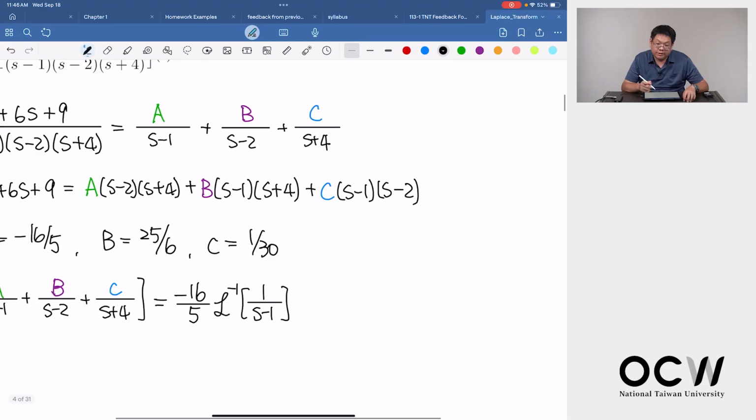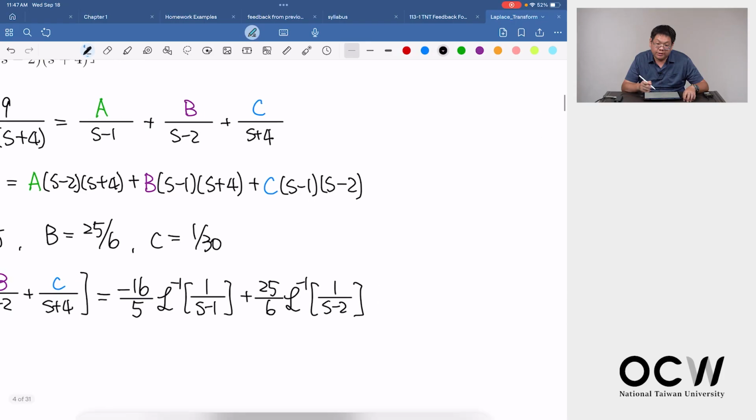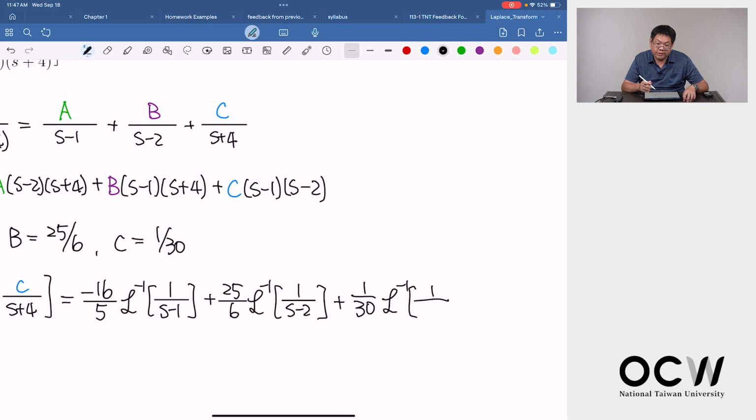Second term, 25 over 6 times the inverse Laplace transform of 1 over s minus 2. And the third term, inverse Laplace transform of 1 over s plus 4.